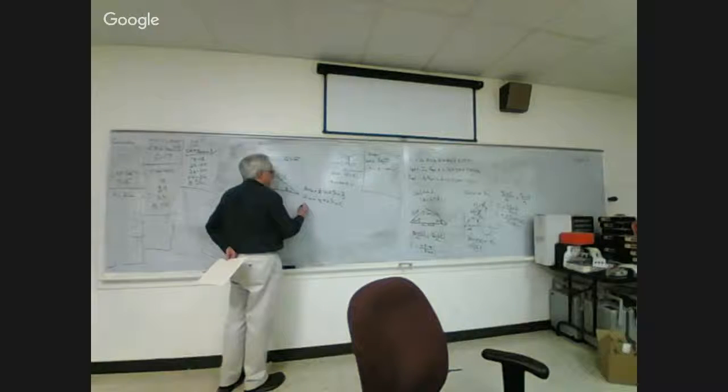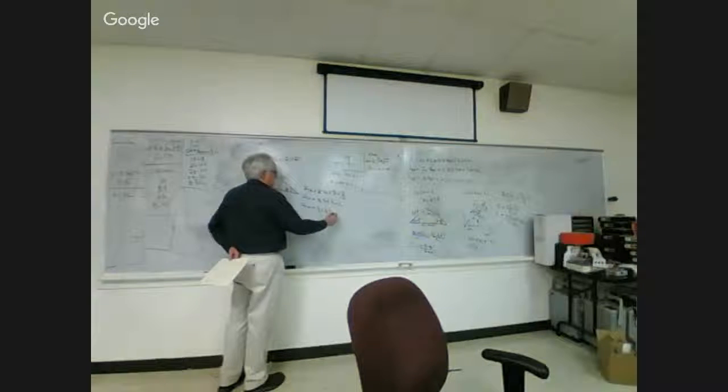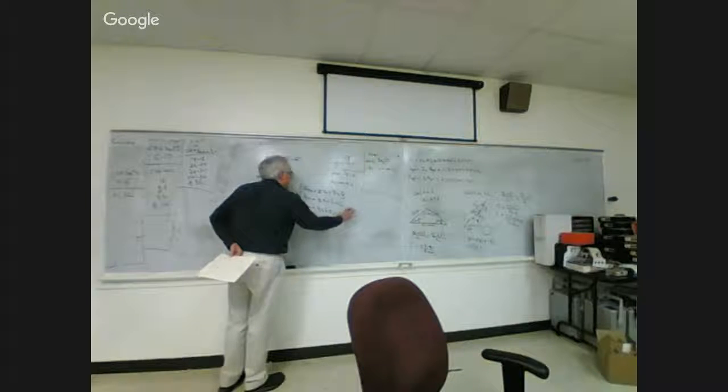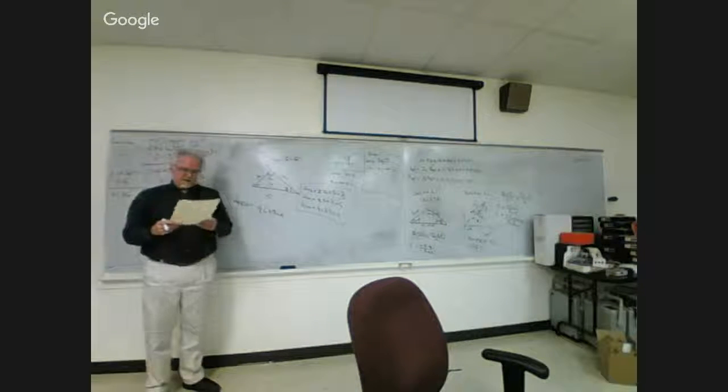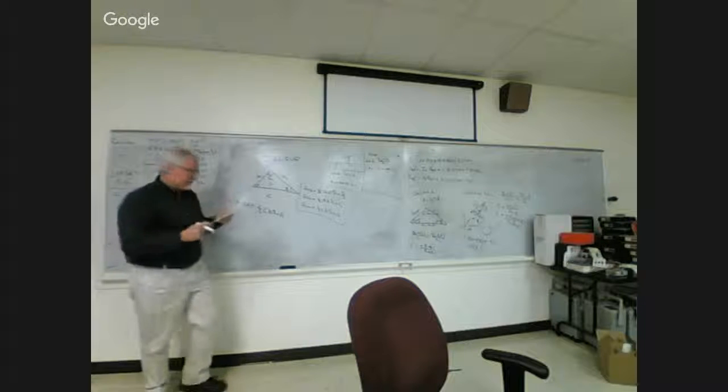Chase, what would be the other one? 1/2 cb sine of A. So use whichever one you want. I would pick the one where you have the angles, and that makes it pretty easy.